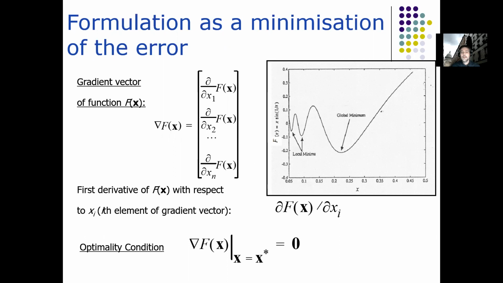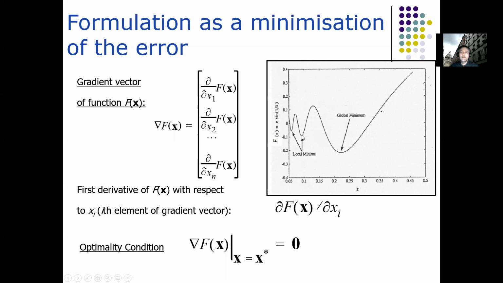The optimality condition states that at the point where the derivative is equal to 0, we have a minimum. But the problem in general in optimization is that this condition on the derivative is not enough to guarantee that you're going to find the global minimum. The global minimum is the point where the function gets the minimum value. Sometimes in optimization the algorithm gets stuck in local minima, like in this case, a local minimum.